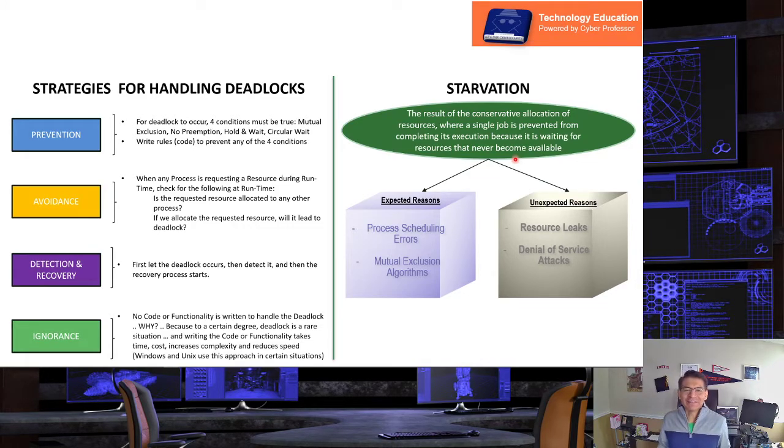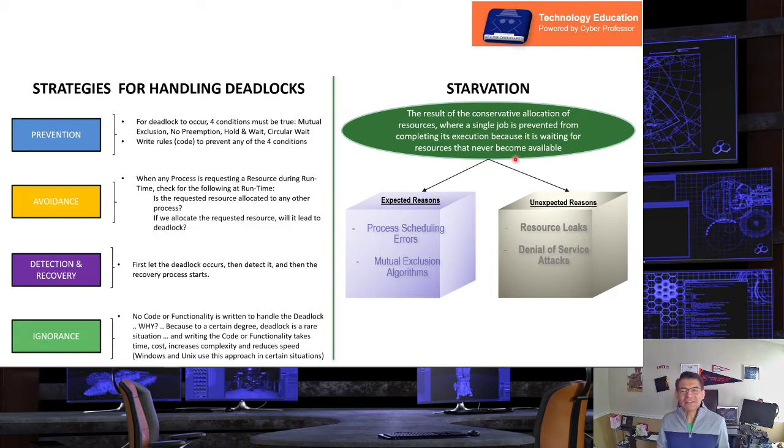Denial of service attacks, and that is another unexpected reason why, because developers or the administrators of operating systems are not going to plan a denial of service attack on any of their computer systems knowingly and really wanting to do it.